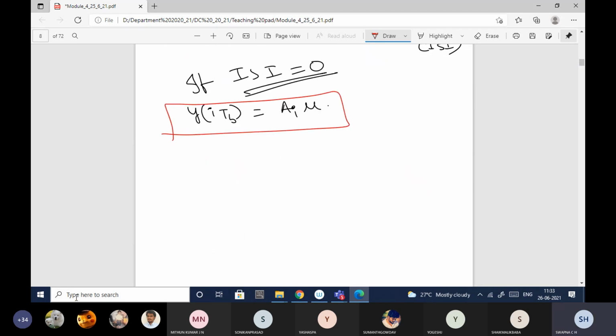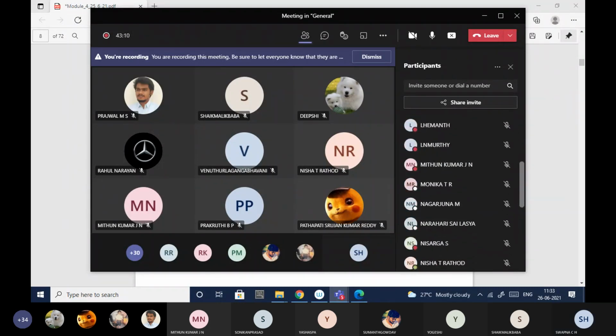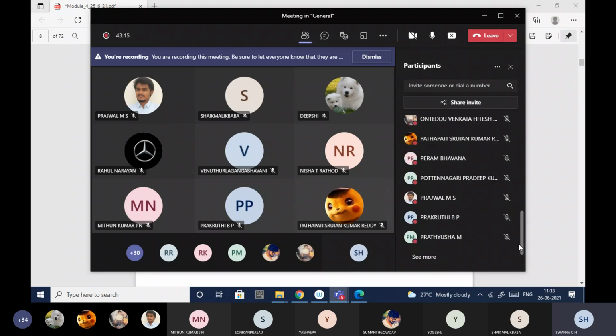Hope this is clear to all of you. Anybody who has any doubts until here, please let me know. Anybody have any doubt? Prakruti, is this derivation clear?